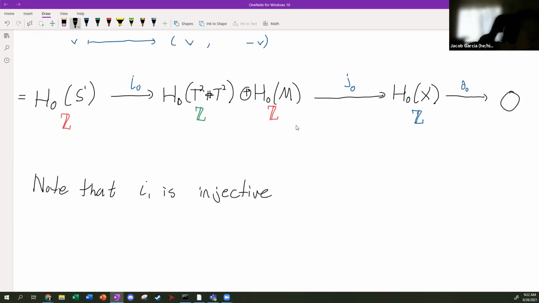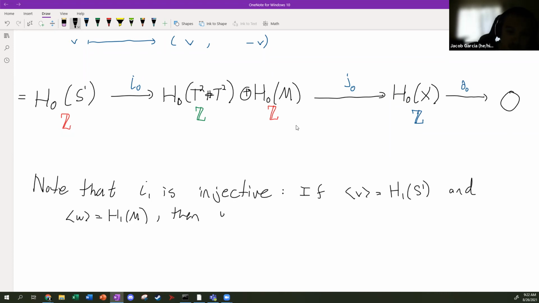And if I look at this explicitly, if V is the generator for H1 of S1, and I'm going to say W is the generator for H1 of the Mobius band, then we have that I1 of V is equal to 2W.